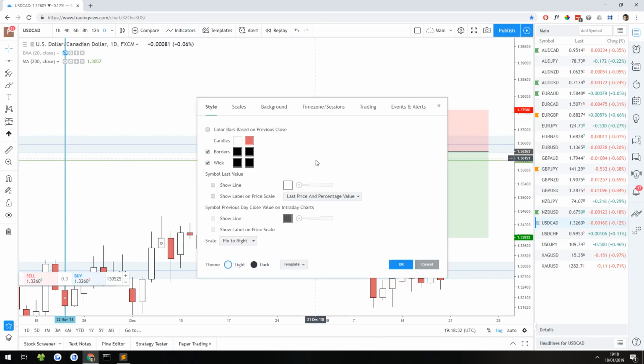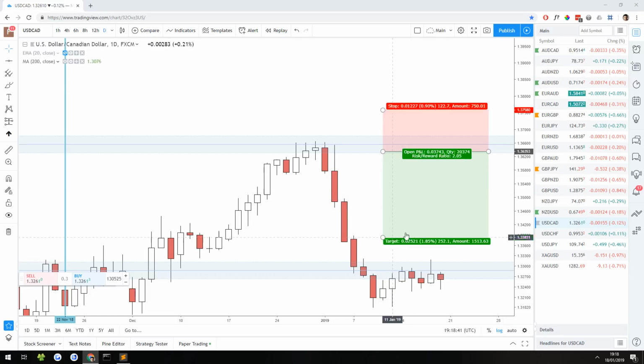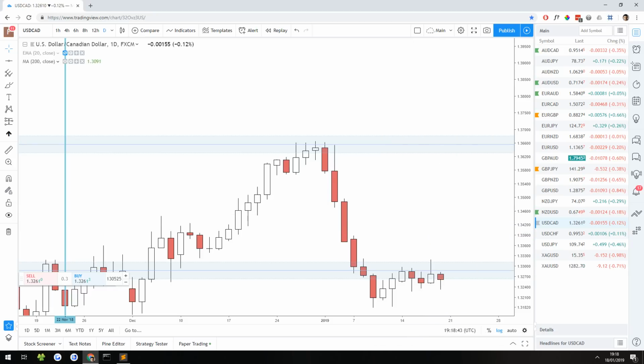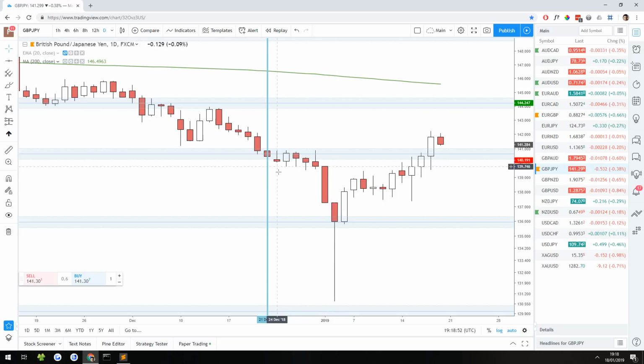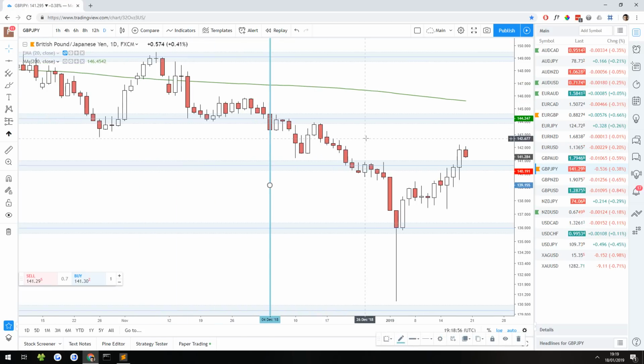So, I actually have another example. I have a lot of examples, but let me find this one, because it actually illustrates pretty well what I'm talking about here. This is especially true on the lower time frames, by the way, guys. It was GBP JPY, 8 hour. No, that wasn't it.